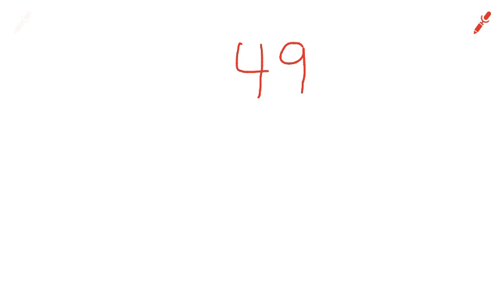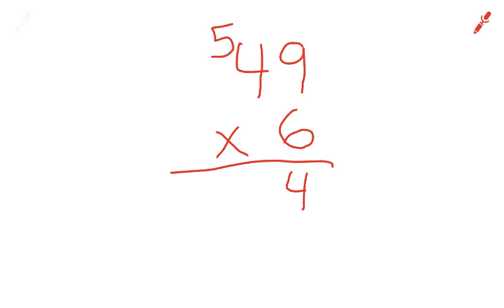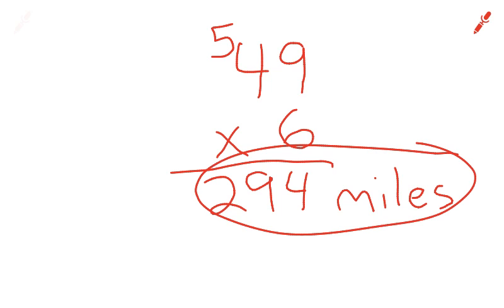So to figure that out, we're going to times our 49 by 6. 6 times 9 is 54. 6 times 4 is 24. Plus the 5, 29. And so our answer is going to be 294 miles. Make sure you write miles so I know that it's not 294 chickens. 294 miles is the answer we need.